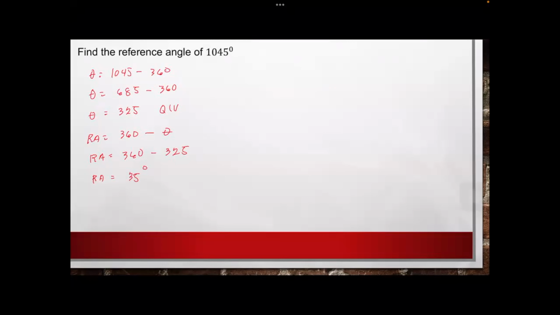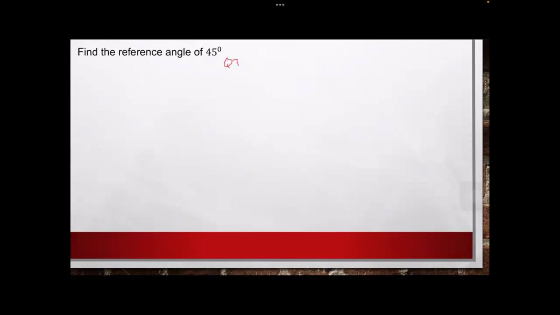Question with this? Clarification? Nakuha naman? I hope so. Okay, the last. Find the reference angle of 45. Okay, question mo na, is this belong to our quadrant? Opo. Yes, this is quadrant 1.